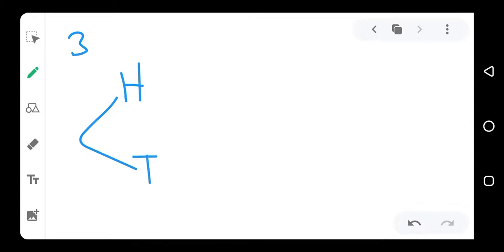Then each of these legs we get another 2 legs. So this is the second coin, the second level. In the second level, we have head and tail.